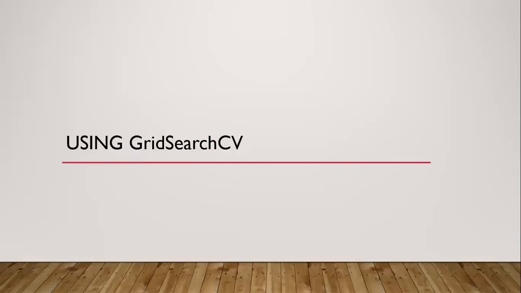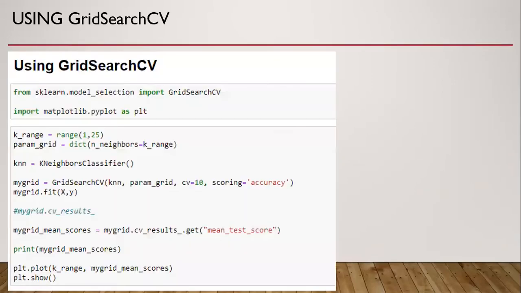Now we will tune the hyperparameters using GridSearchCV. We will import GridSearchCV, and we will also plot the results. Similar to the previous example, first of all, we set the k range or number of neighbors. It is from 1 to 24, and our algorithm is KNeighborsClassifier.